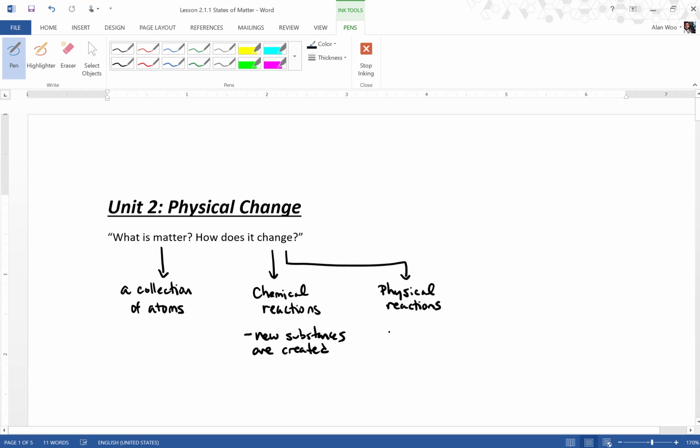The only thing that looks new is just the rearrangement of atoms to produce different states of matter.